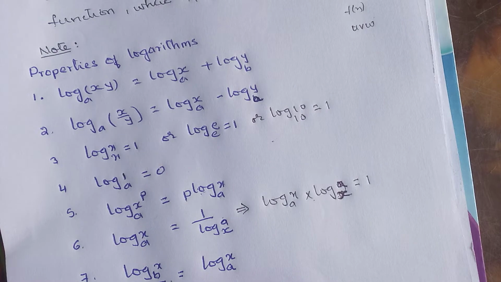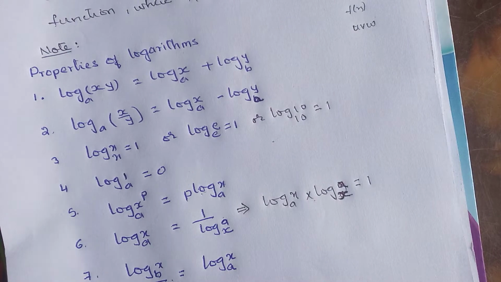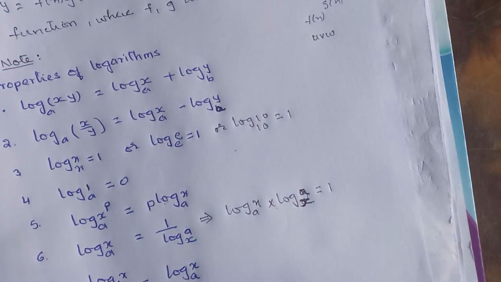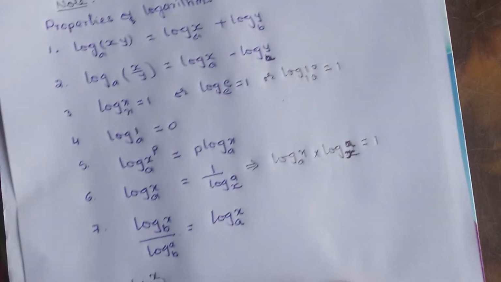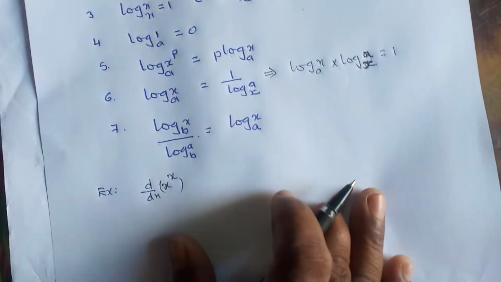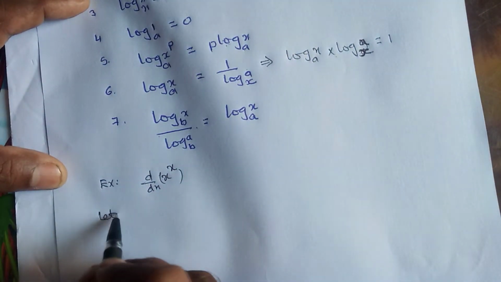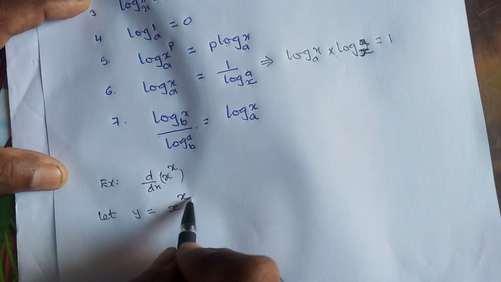Example: find the derivative of x to the power of x. It is in power form, so you have to differentiate this. How can you do it? Listen here. Suppose y equals x to the power of x.